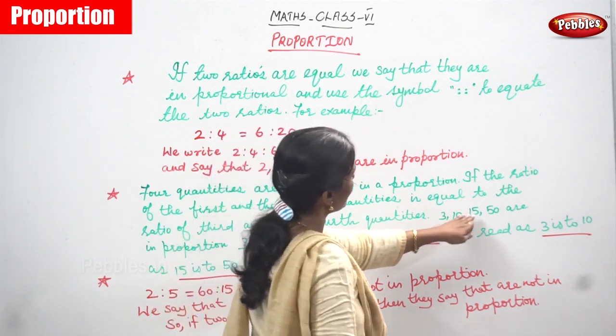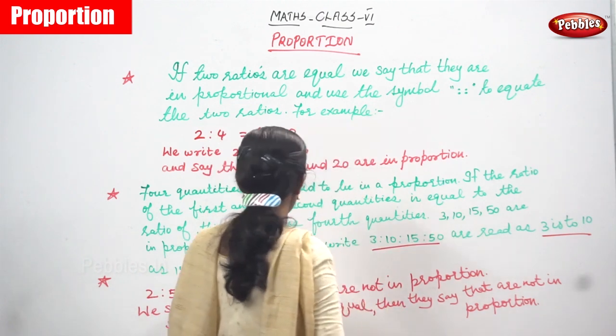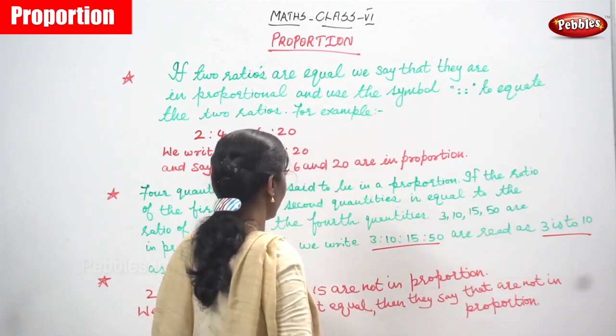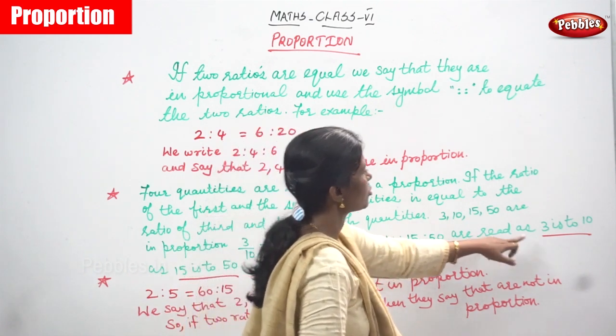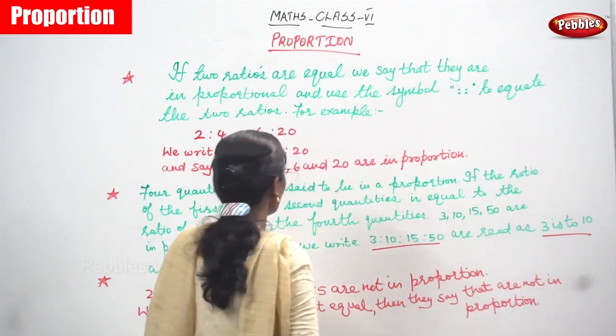So 3, 10, 15 and 50 are in proportion. 3 by 10 is equal to 15 by 50. We write 3:10 :: 15:50, and read it as 3 is to 10 as 15 is to 50.